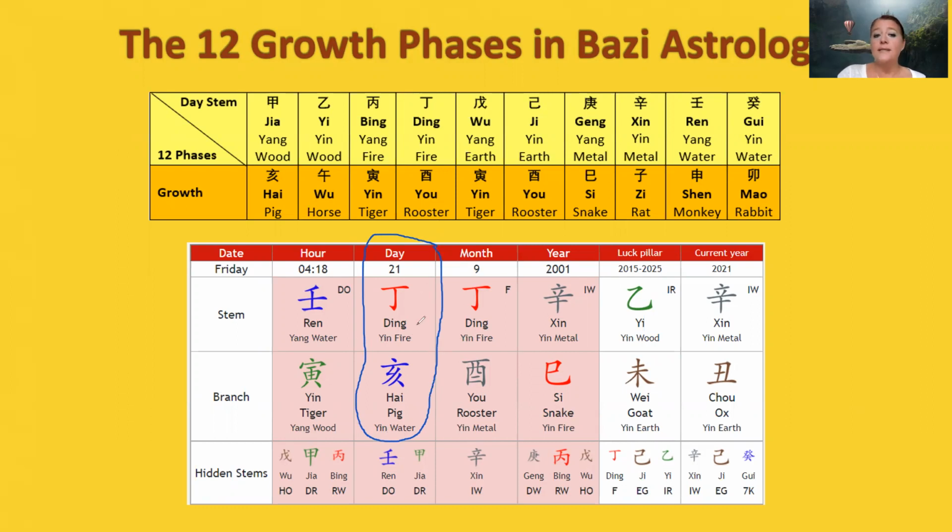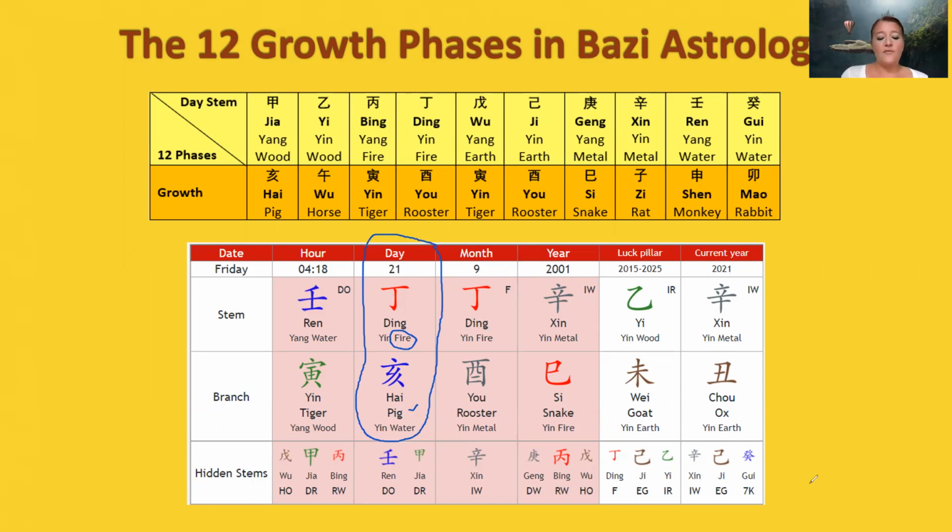On top, we always have a stem that is associated with an element. This one here is fire. And at the bottom, we have an animal sign. This one is the pig. So this one would be the fire pig. So check the day pillar that you have in your natal chart.